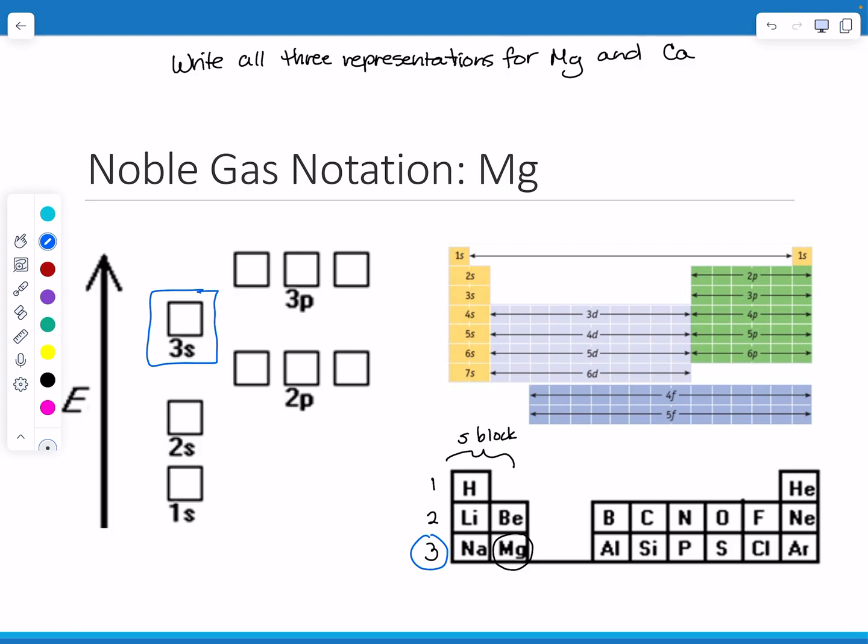The block begins here, so sodium is the first one and magnesium is the second one. That means there are 2 electrons in the 3s orbital, because we are the second block in the third row of the s block.